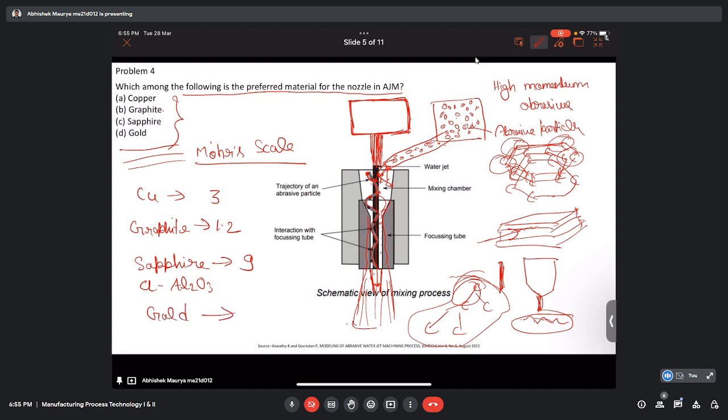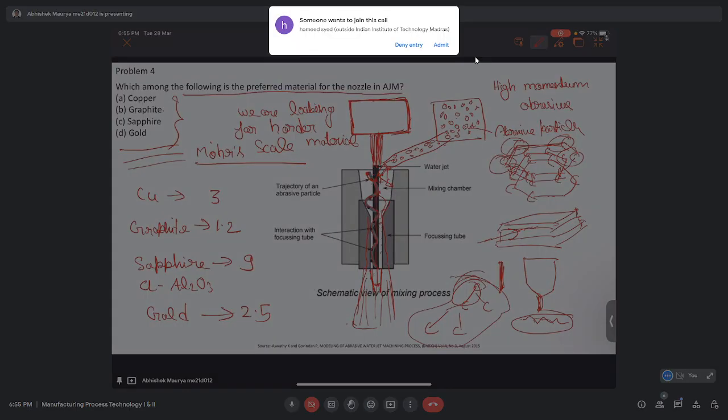Gold has a Mohs hardness of 2.5. So what we are looking for is a harder material which is suitable for the nozzle.